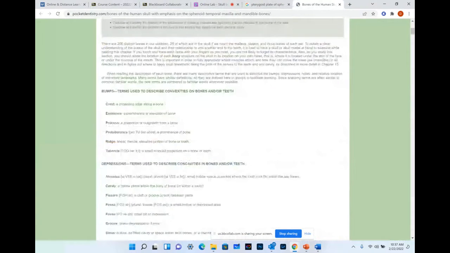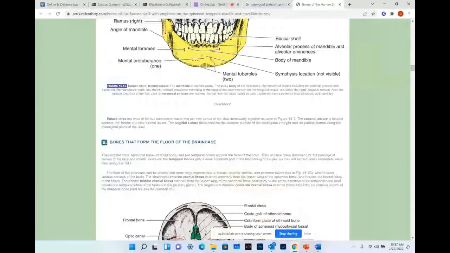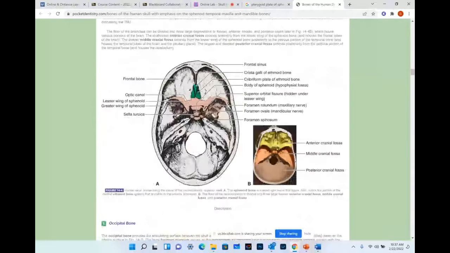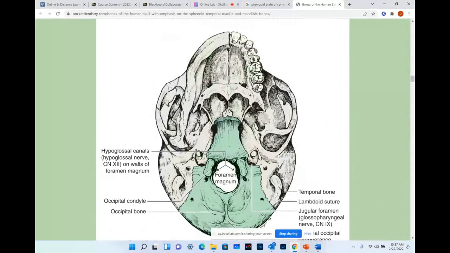Okay, so here, if you look at it, right here, now follow my cursor. You see this in the middle? Not this, but see this one?